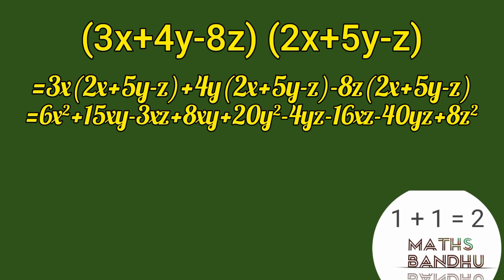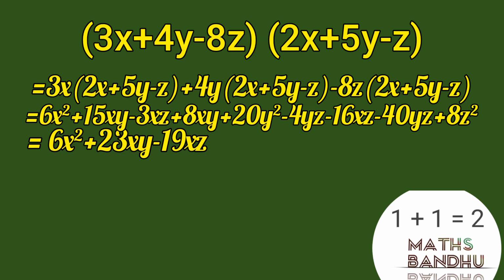So gathering the like terms together and adding or subtracting. First moving on with x square: no other x squares over here, so 6x square will come down as it is. Then xy, or yx: that is 15 plus 8xy, which gives us 23xy. Then you have xz also. So you have 1xz minus 3xz and minus 16xz. That gives us a minus 19xz.